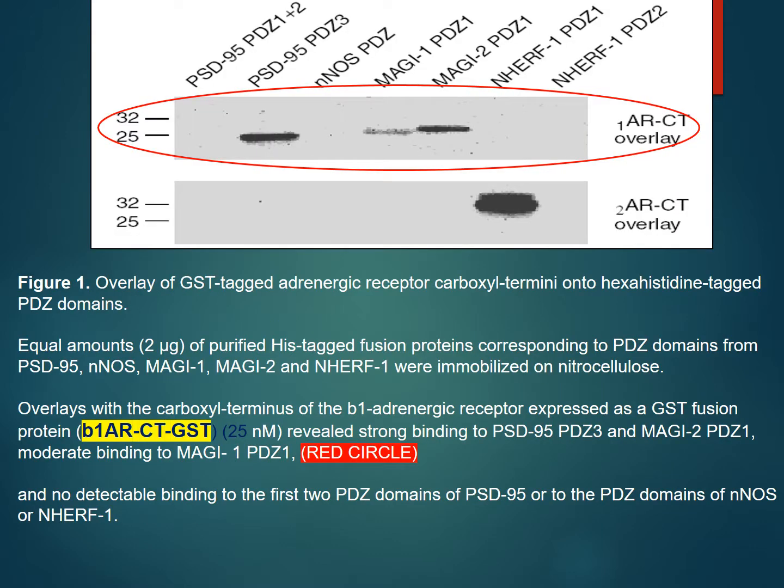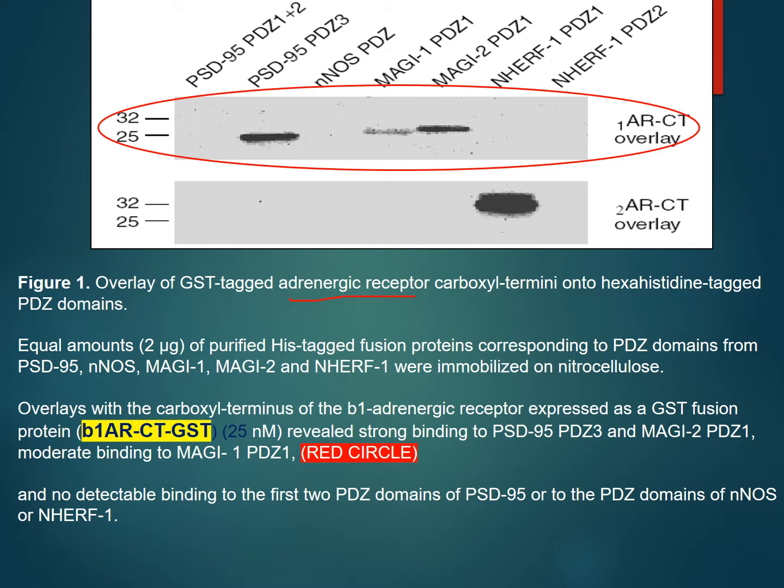And so what does that look like? Well, here's a far western overlay of a GST-tagged adrenergic receptor, carboxy terminus. I don't know if you've had physiology, but there are multiple flavors of adrenergic receptors that are involved in human physiology.